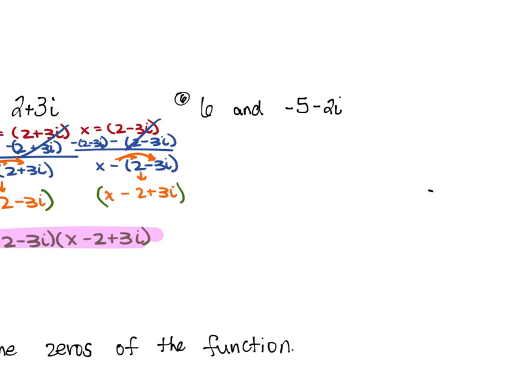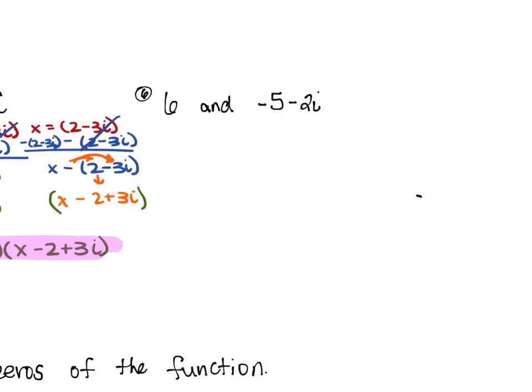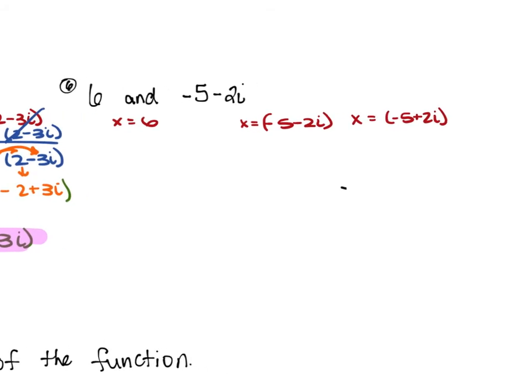For example 6, we have 6 and negative 5 minus 2i. So again, we're going to separate this into x is equal to 6, as well as x is equal to negative 5 minus 2i. We can put parentheses around that, but we're also going to have x is equal to negative 5 plus 2i with this one.